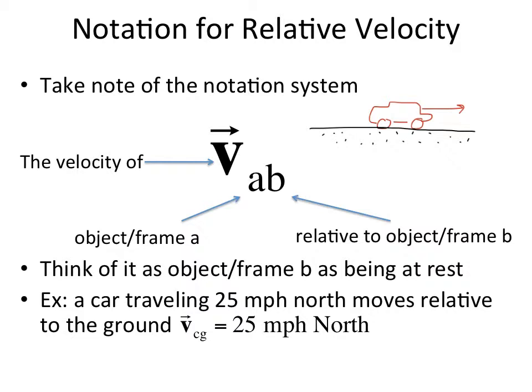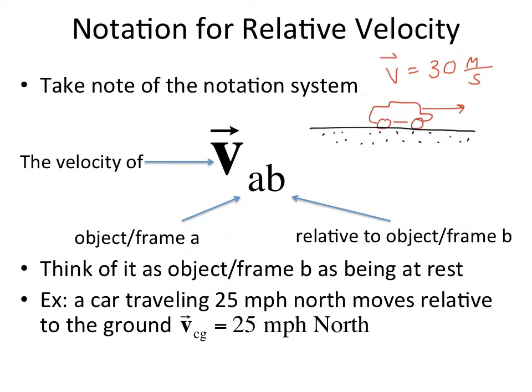The car is moving over the road at some speed. I don't know, velocity equals 30 meters per second. Well, if another car was right next to it, it wouldn't appear to move at 30 meters per second. But if you were standing next to the road, if you were the road itself, the car would appear to move over you at 30 meters per second in a certain direction.